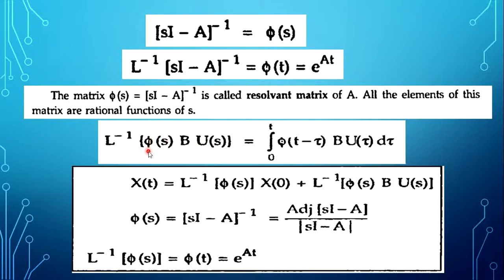So x of t is L inverse of phi of s x of 0 plus L inverse of phi of s B U of s, where phi of s is (sI minus A) the whole inverse. The inverse matrix will be calculated as the adjoint matrix divided by the determinant: adjoint of (sI minus A) divided by determinant of (sI minus A).